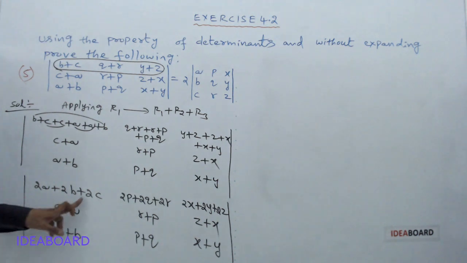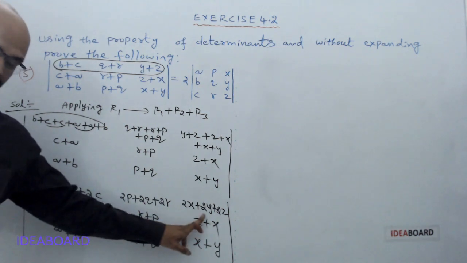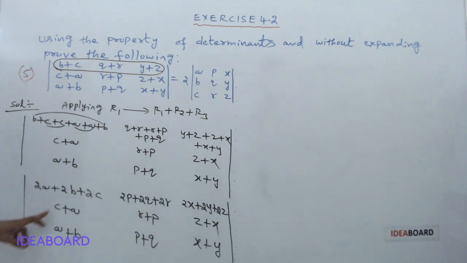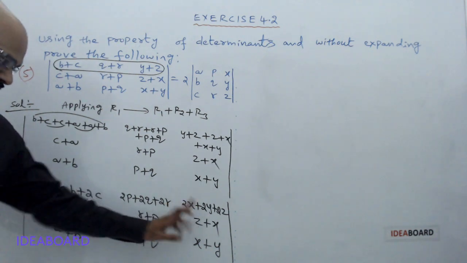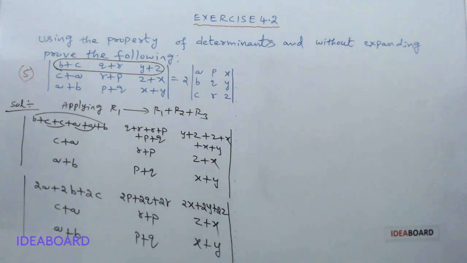Now here in R1, first element, second element and third element, 2 is common here. Take 2 common.